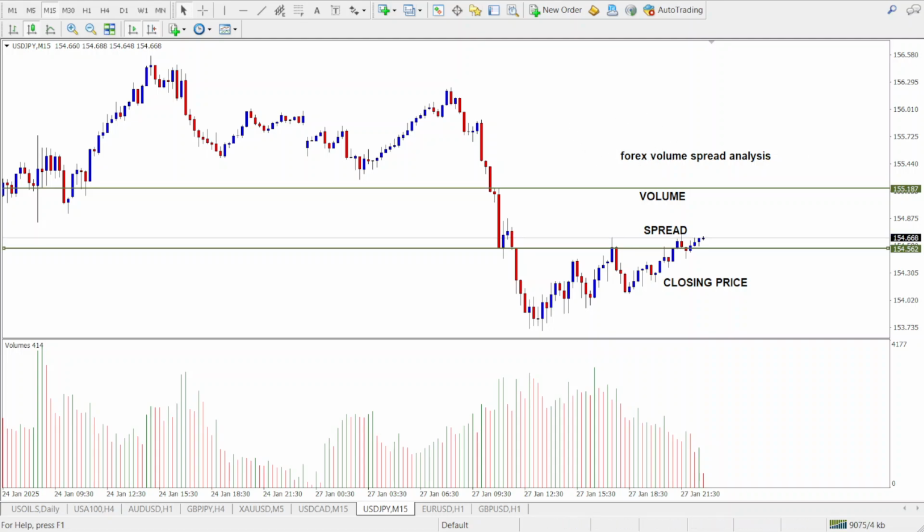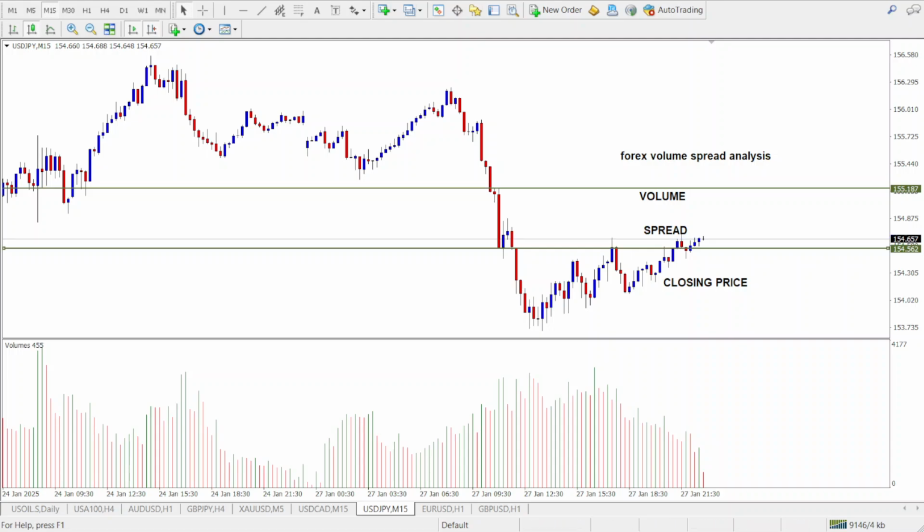So how do you use VSA to spot market phases? In accumulation, institutional players are quietly buying at low prices. You'll notice periods of low volume and narrow spreads, often followed by sudden bursts of high volume when smart money enters the market.